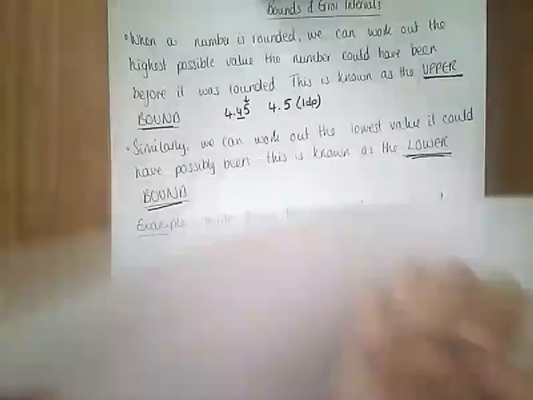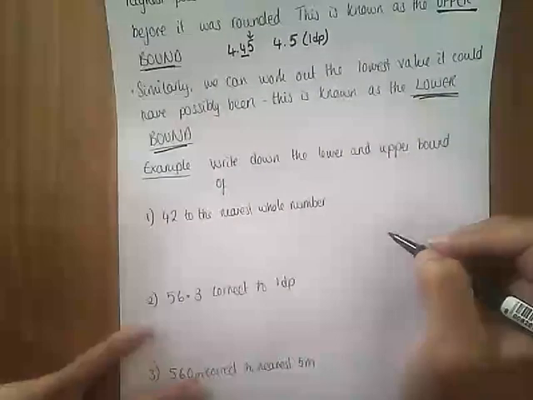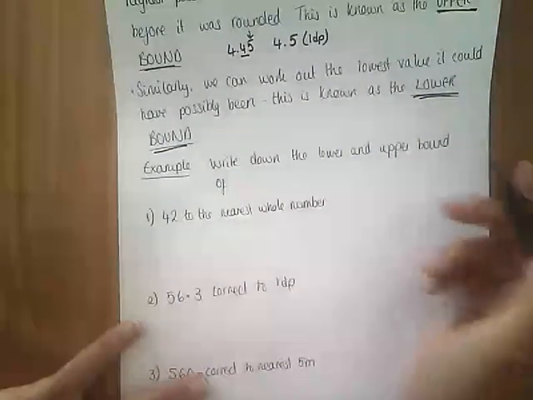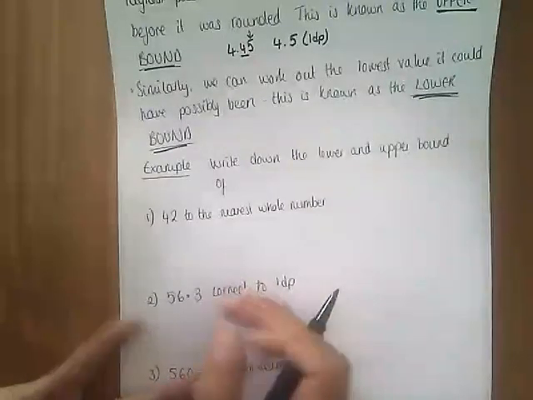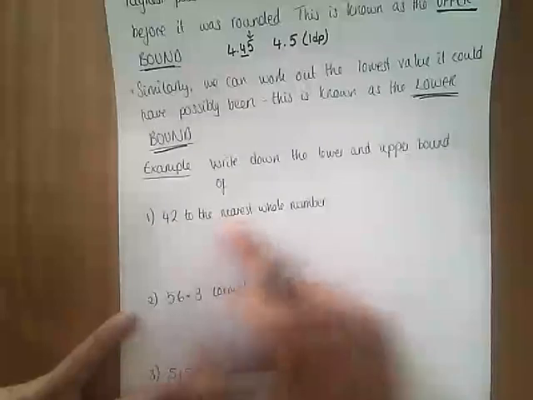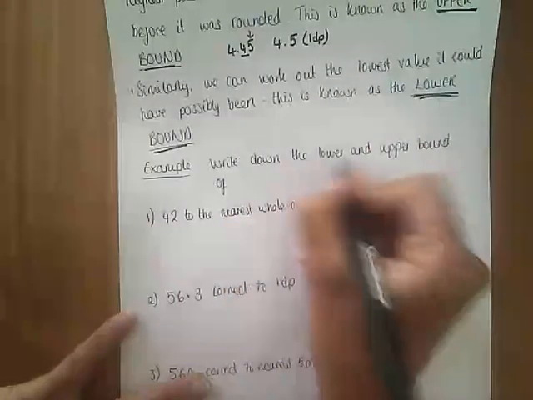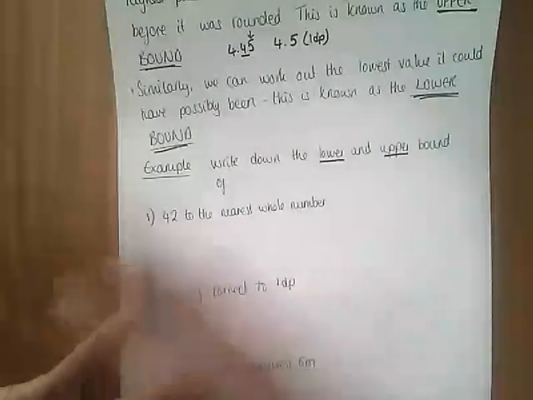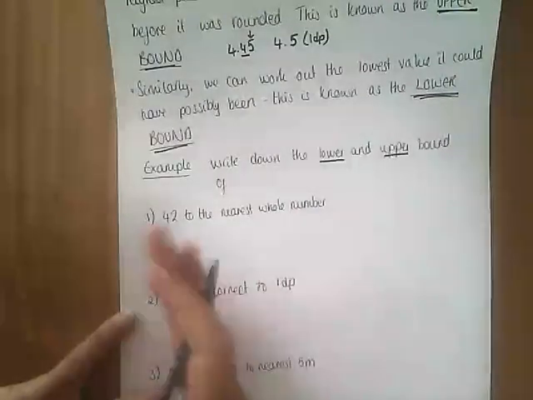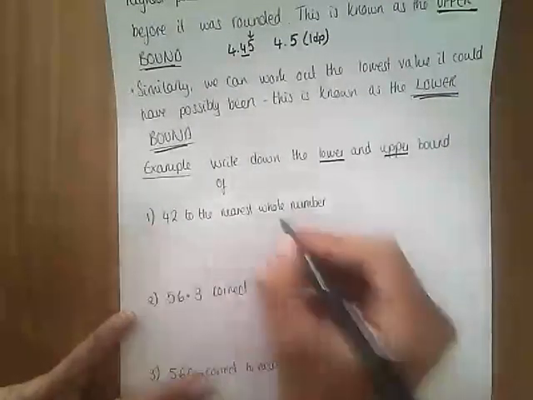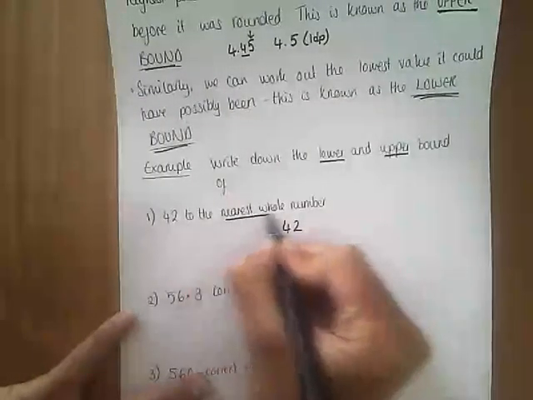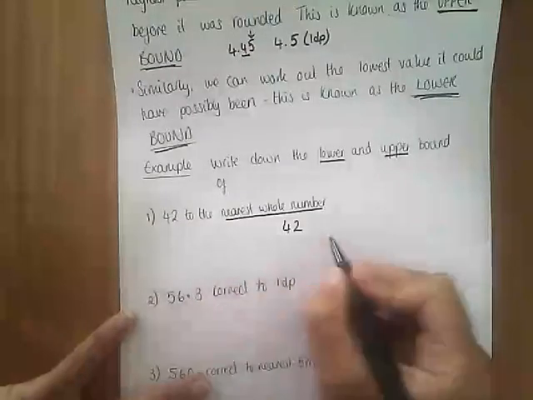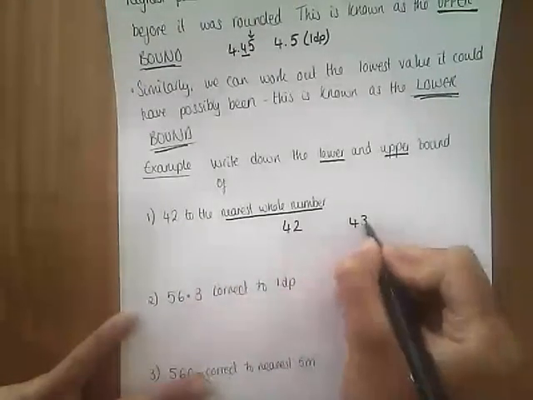Now, we're going to go through a series of examples, okay? I want you to know everything you know about rounding, but we're also going to have to slightly change the rules in the context of bounds. So, 42 has been rounded to the nearest whole number, and we need to find the lower and upper bound of 42: the highest it could possibly have been, and the lowest it could possibly have been. I'm going to write 42 in the middle, that's my number, and because it's been rounded to the nearest whole number, I'm going to put a whole number above it and a whole number below it.